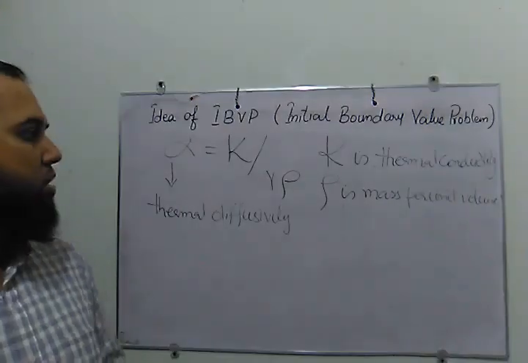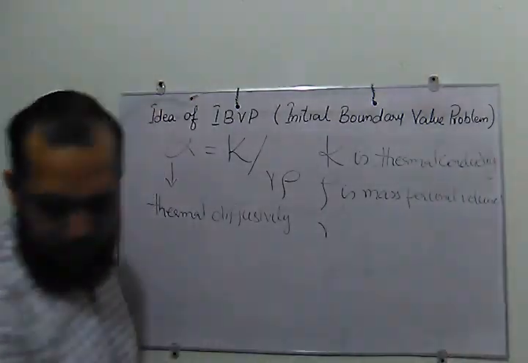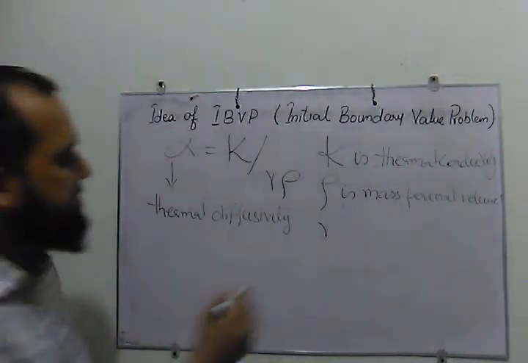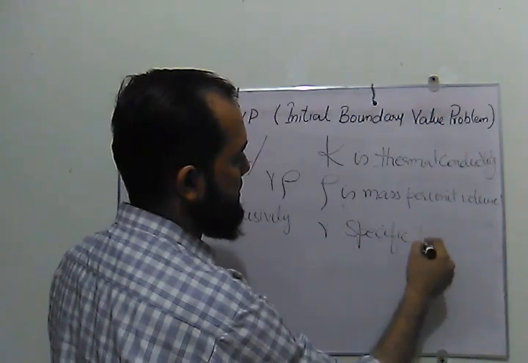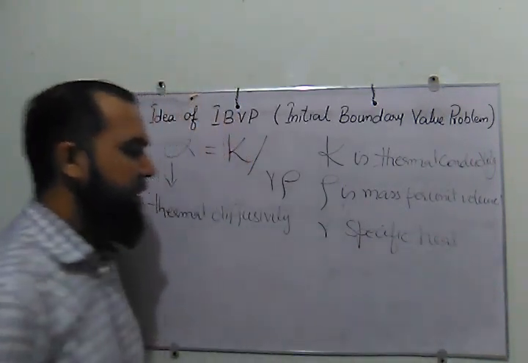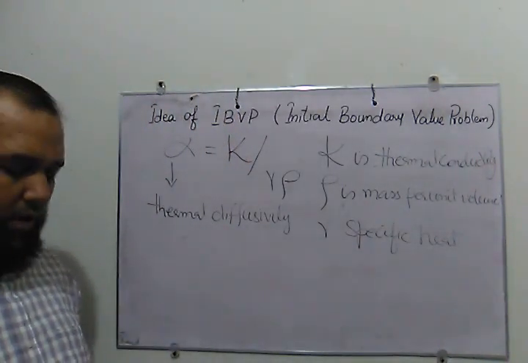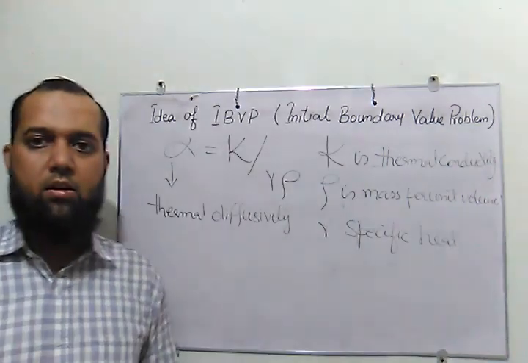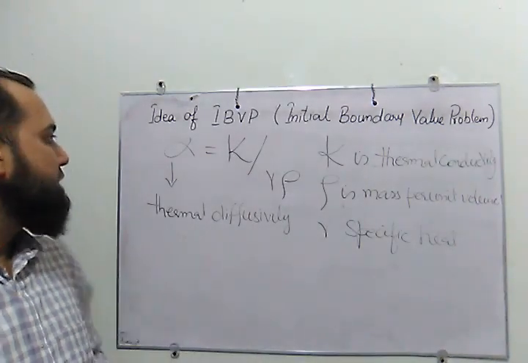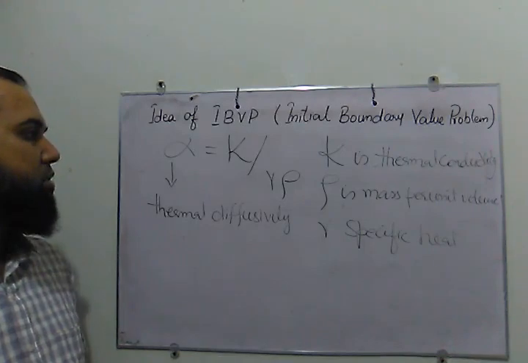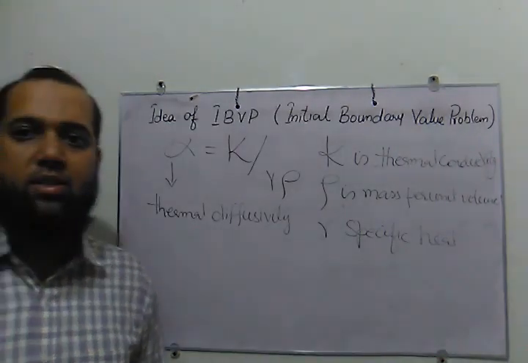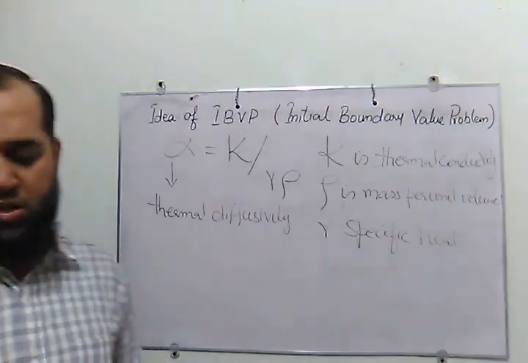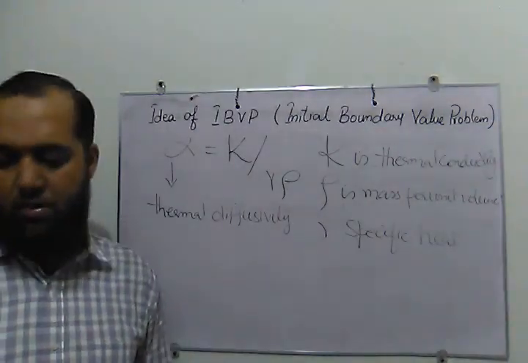So this is rho. And the third thing is gamma. Gamma is the specific heat, which is again a constant for the particular material. So this alpha is equal to K upon gamma rho, and this alpha is known as the thermal diffusivity, which is different for different materials.